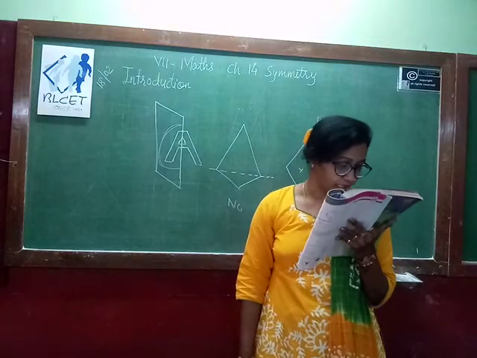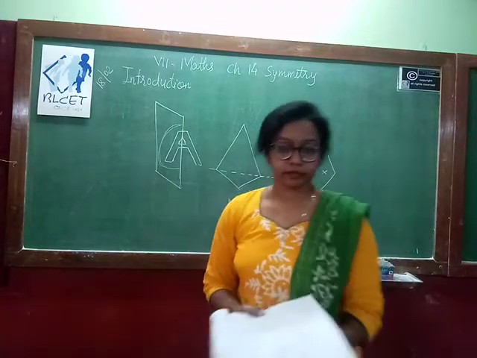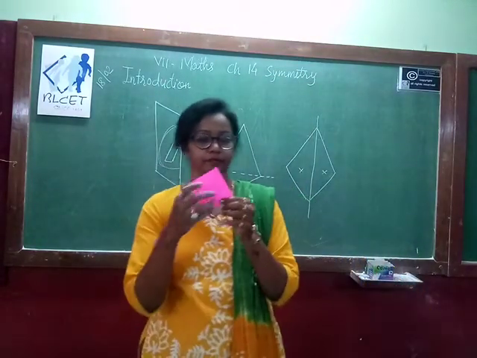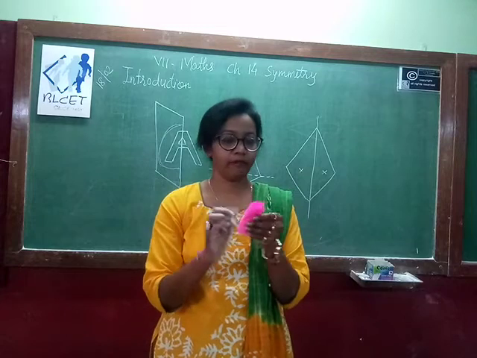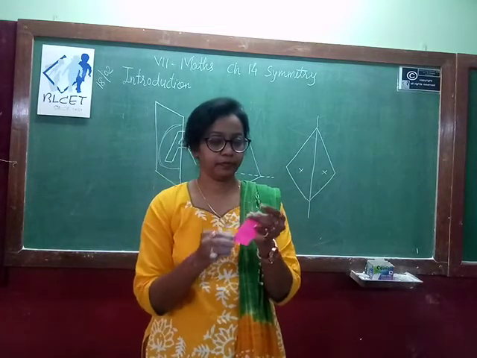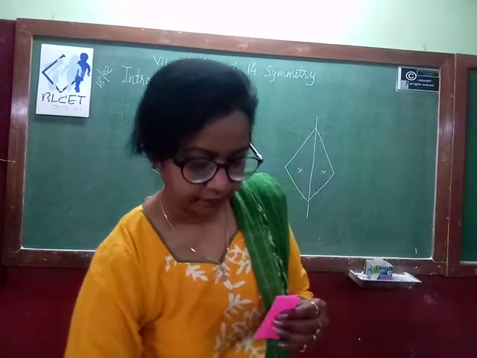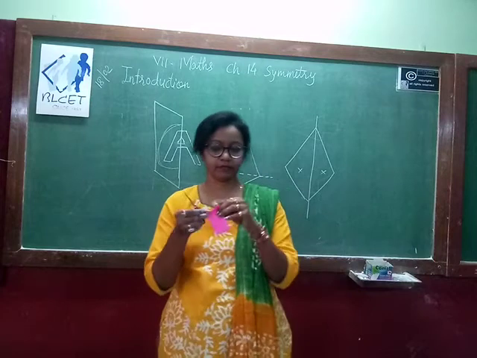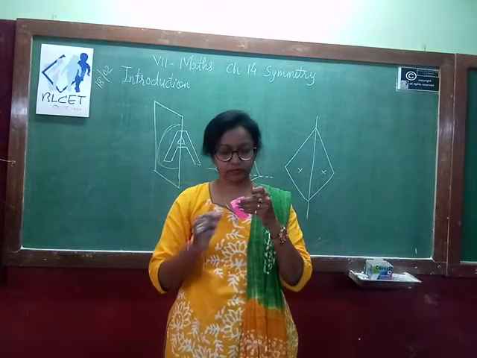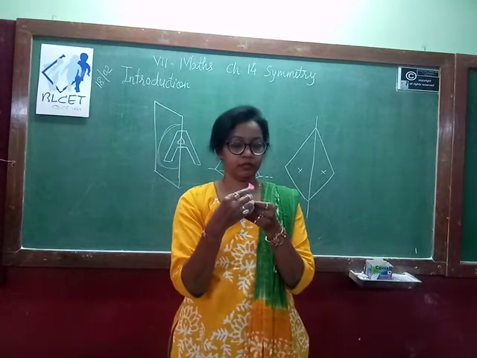Then you are given the paper punching game. Suppose you are taking a square paper. I am folding this square paper and making a hole in it. Let's see. So what are you getting?